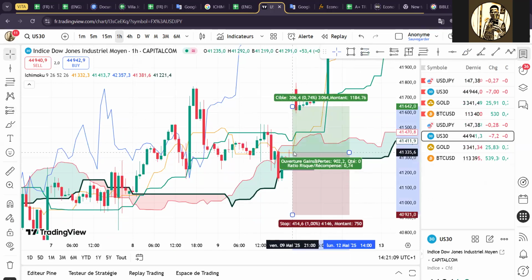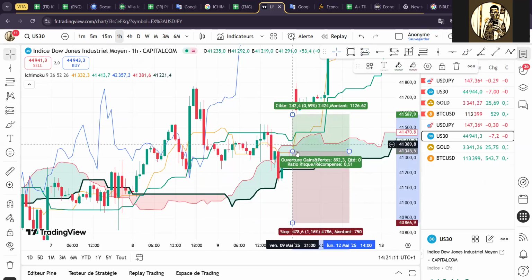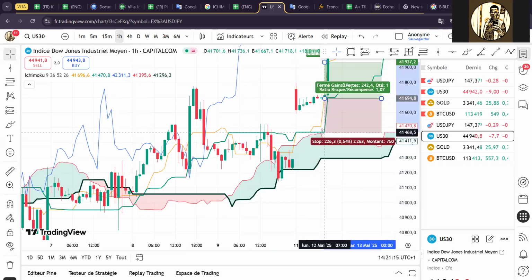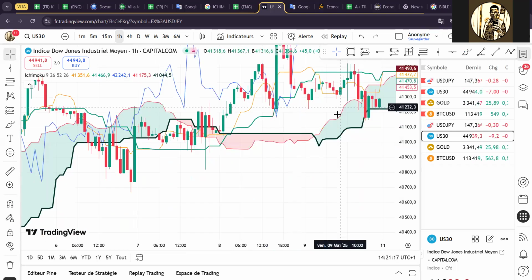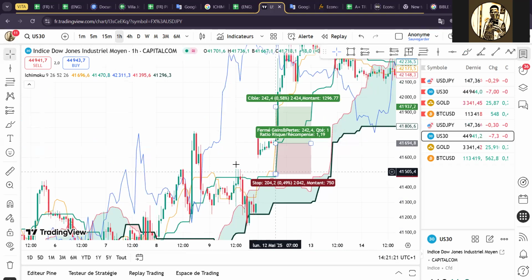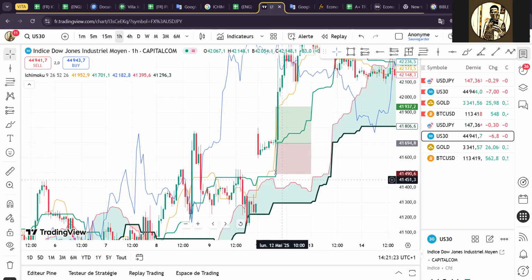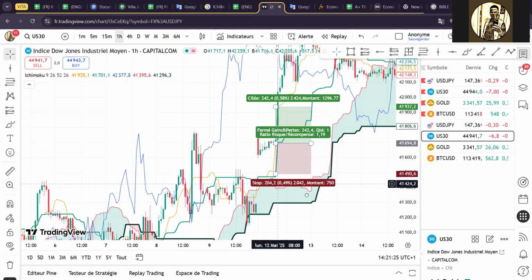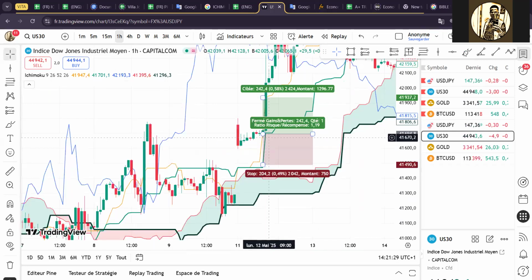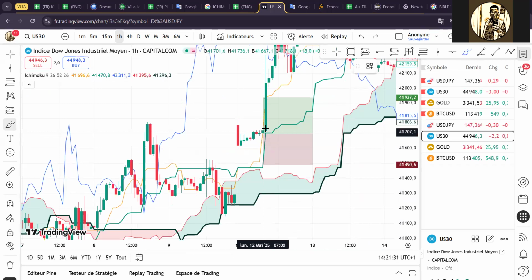But you will not have a way to enter here. You are just forced to enter a little bit after, like this, and then place your stop loss. Since this one is a gap, you have a gap, but you have at the same time a huge volume.